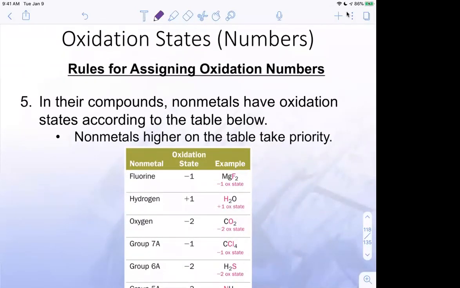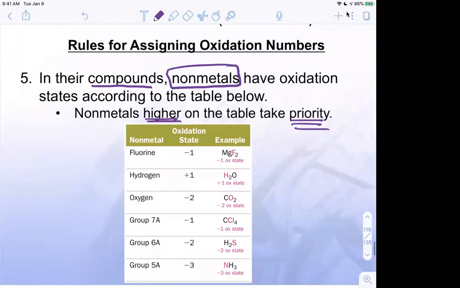The 5th rule: in their compounds, nonmetals have oxidation states according to the table below. Nonmetals that are higher on the table take priority. So this will vary, and I'm going to go in priority based on this table.